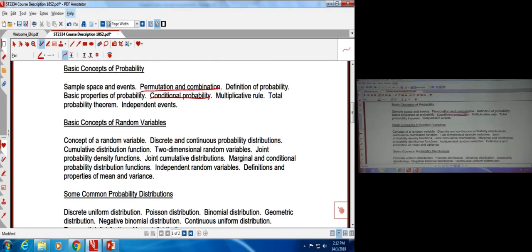And random variables. You know what a variable is? You know what a constant is? A constant is always the same, right? So the opposite is a variable. Variable means that it can change its values. Then what is a random variable? A random variable is a variable that has a probability or a certain uncertainty associated with the values.